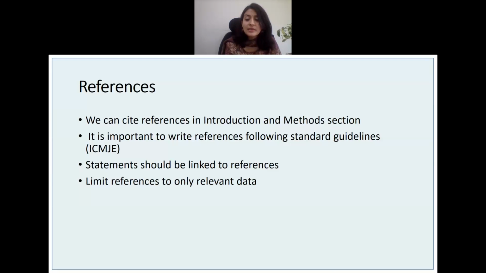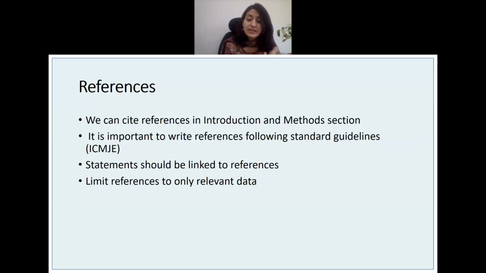Now, all that you write in your introduction and methodology should be supplemented with references. Now, it's important to write the references following standard guidelines, and usually we use set formats, for example, the Vancouver style of writing references. So, all your statements which you are stating in your methods, especially if you're quoting certain guidelines or if you're saying some definitions or certain procedural techniques which you are following based on previously published papers, then you need to cite them in your methods.